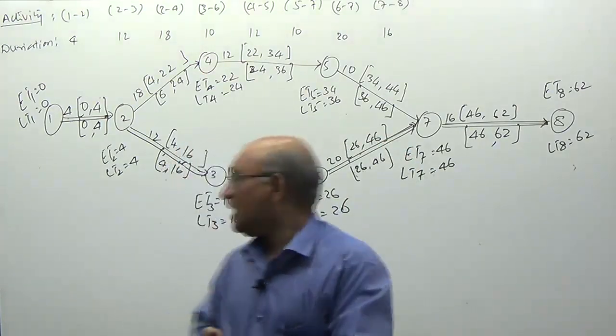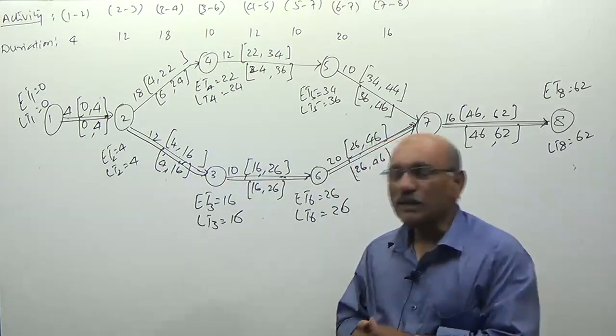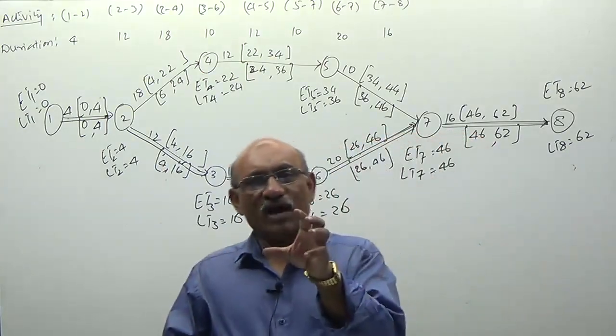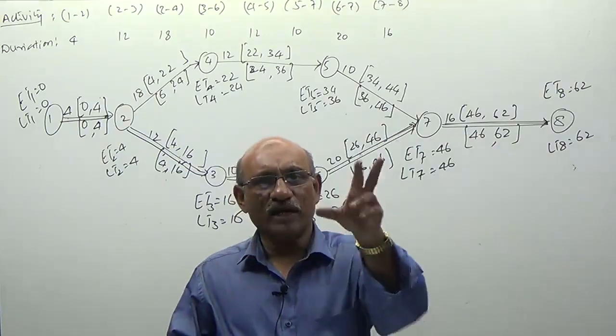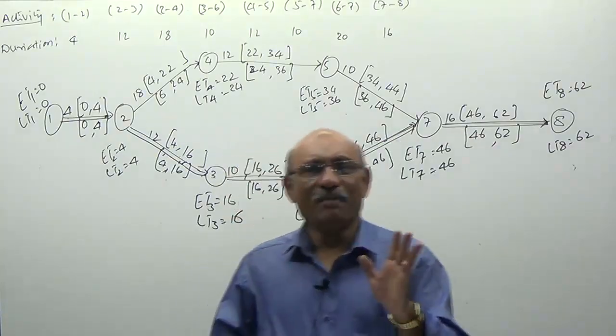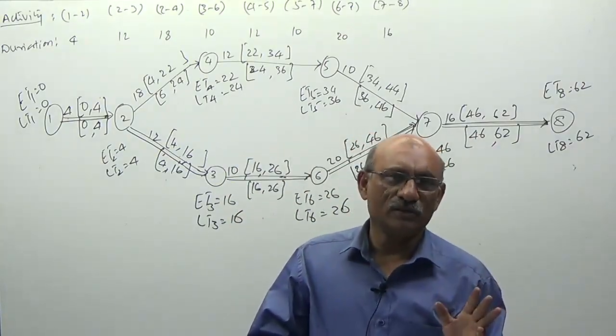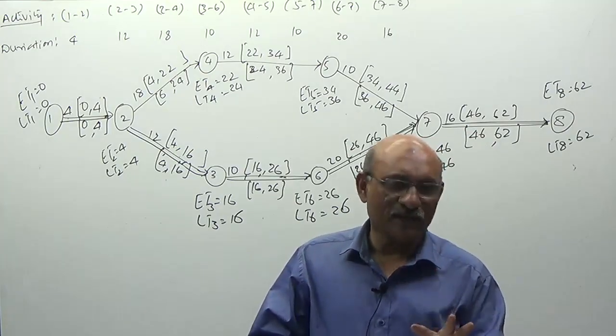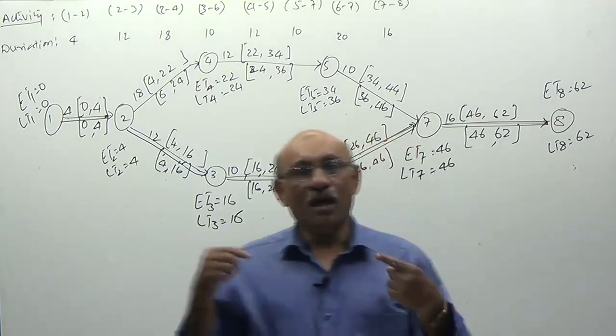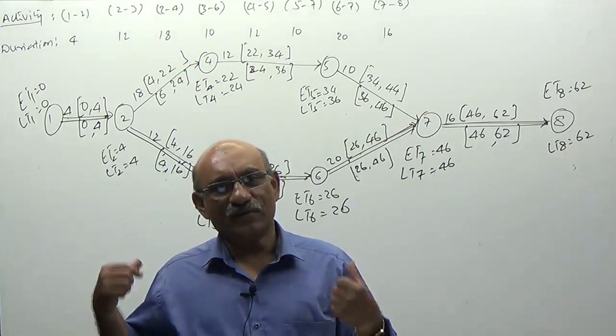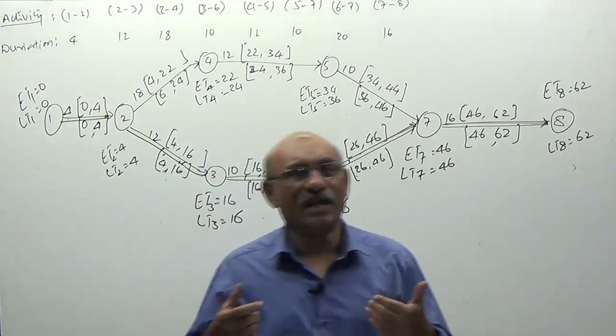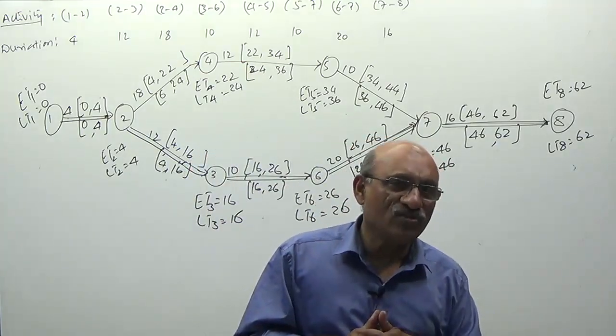Okay, sir. Look at this. The path which is having the longest duration is called the critical path. Clear, sir? Second point, for critical path activities, earliest timings and latest timings coincide with each other.